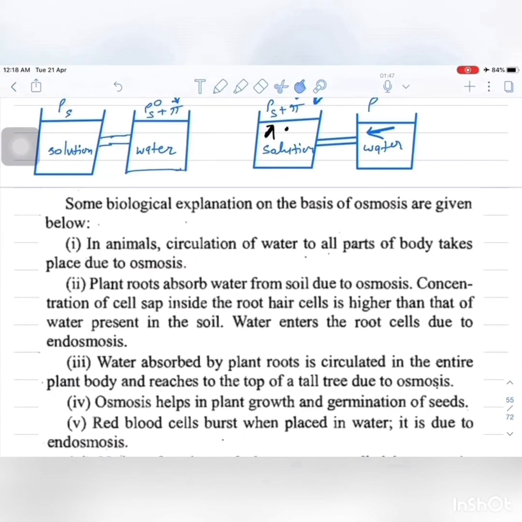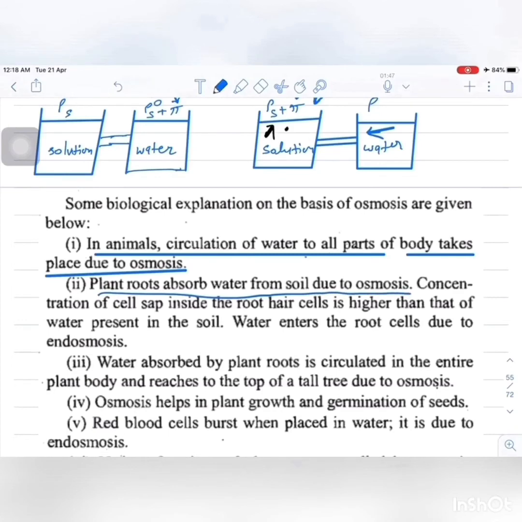Some biological phenomena are explained on the basis of osmosis. In animals, circulation of water to all parts of the body takes place by osmosis. Plant roots absorb water from soil due to osmosis. The concentration of cell sap inside the root hair cells is higher than that of water present in the soil. Water present in soil has low concentration and cell sap concentration is high.